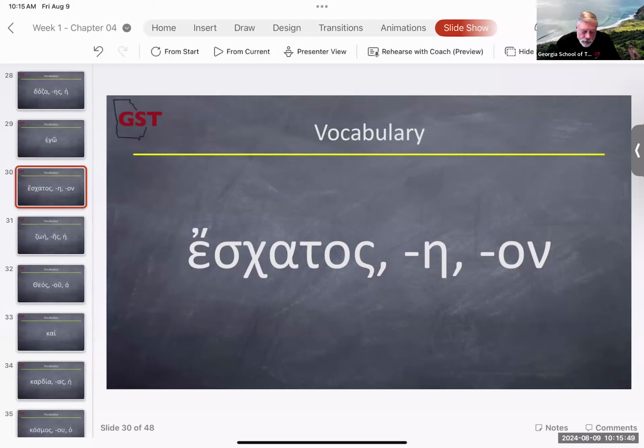Very good. Do you know what it means? I don't. Eschatos means last things, last days. Okay, so eschatology would be the end times, right? Yes, sir. Okay. All right.